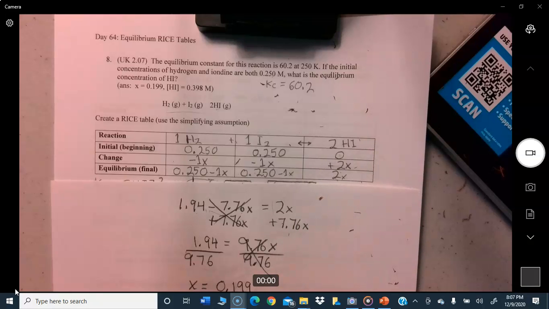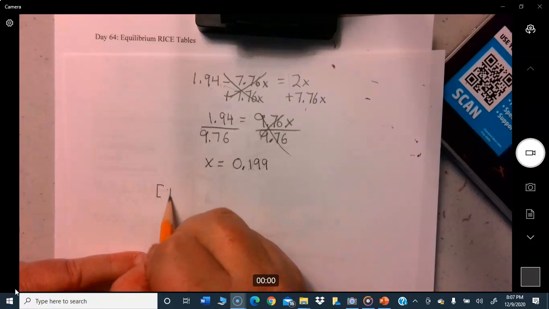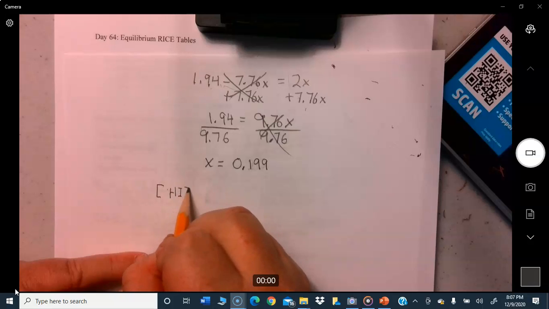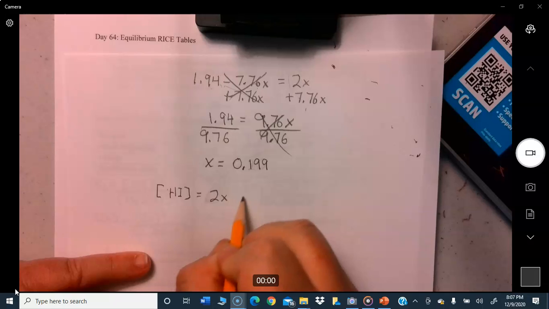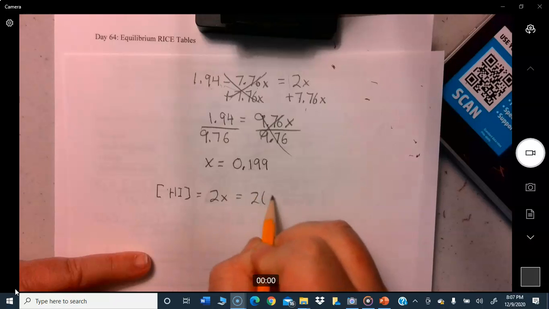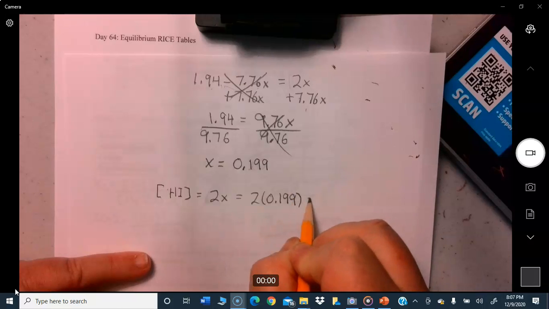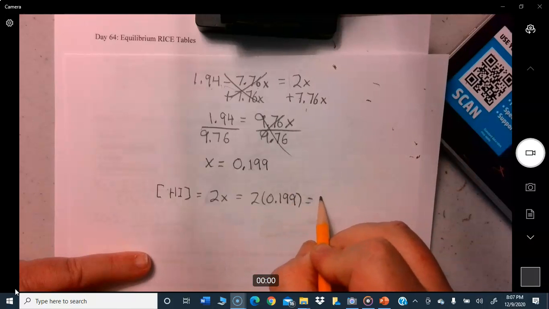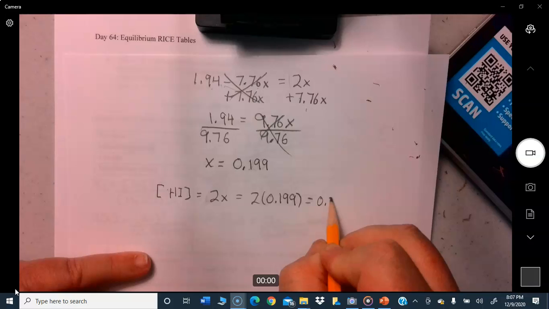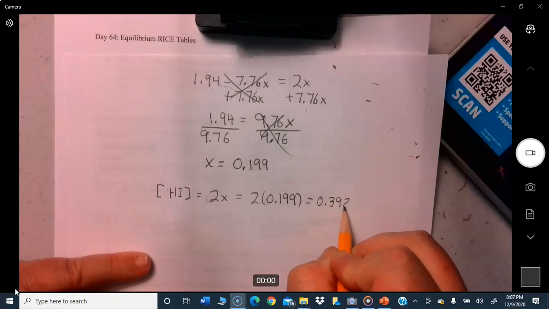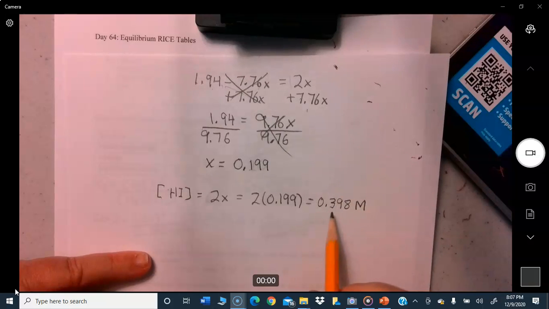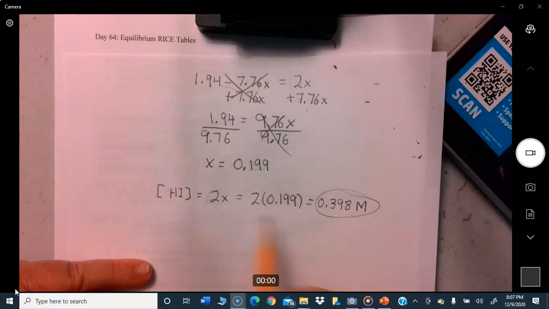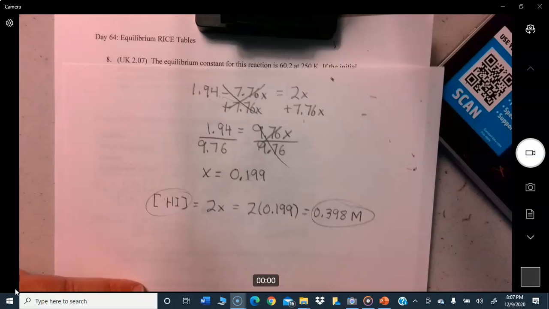So the concentration of HI from our ICE table equals 2x, which equals 2 times 0.199, which equals 0.398 molar. It is a concentration, so it's molar. Okay, so there it is for the concentration of HI.